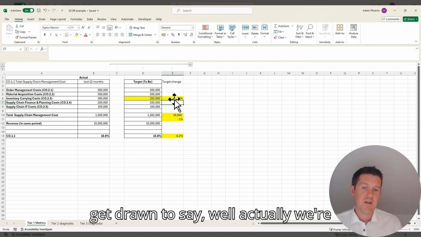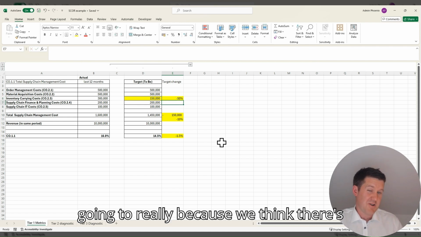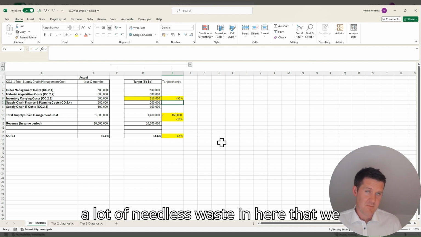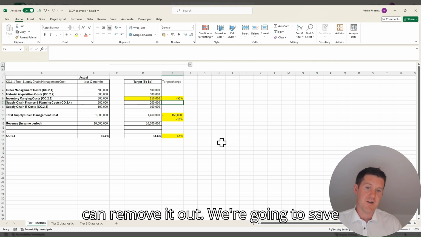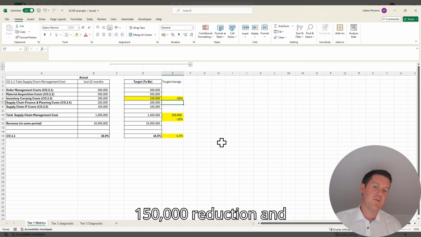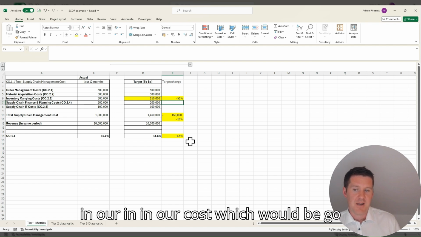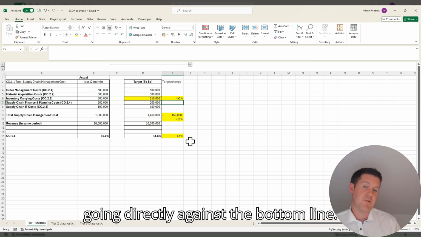And we might get drawn to say, well, actually, because we think there's a lot of needless waste in here that we can remove, we're going to reduce it by half. So 150,000 reduction. And now we've got a 1.5% reduction in our cost, which would be going directly against the bottom line.